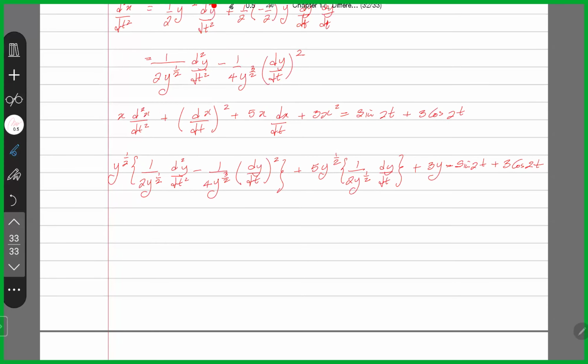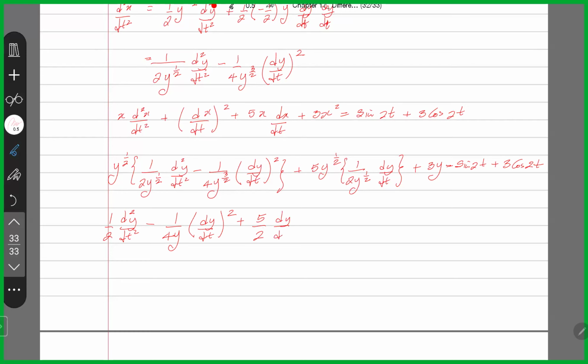Simplifying, we're going to get d2y. There's a half there. All right. A half d2y by dt squared minus 1 over 4y dy by dt squared plus 5 over 2 dy by dt.